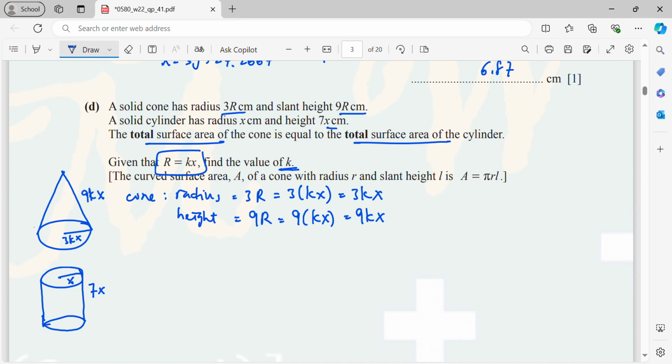Okay, so now, given that the total surface area of the cone, when you look at the cone here, the curved surface area of the cone with radius r and slant height L is A equals pi rL. Now total surface area of cone equals total surface area of cylinder.